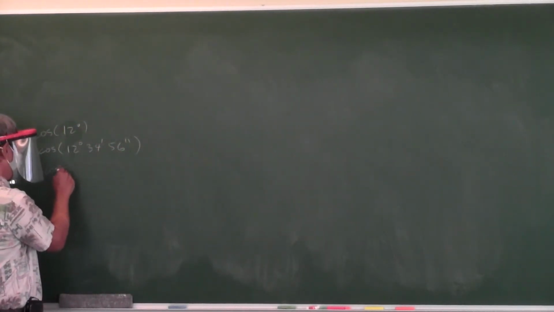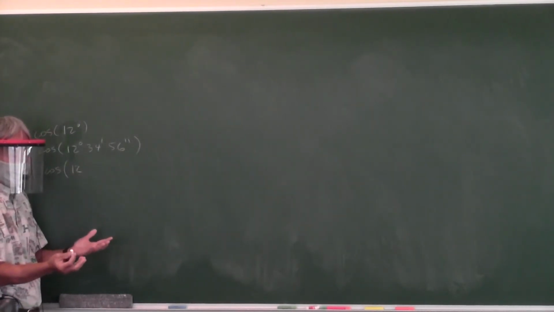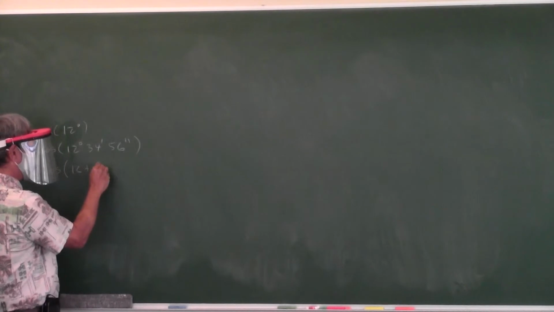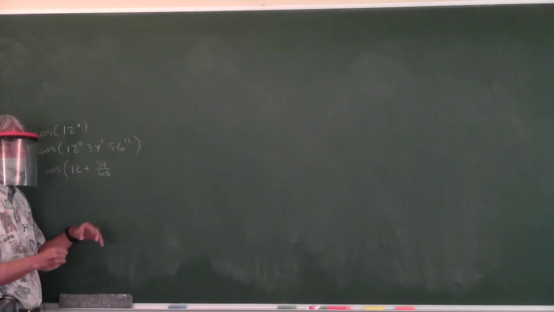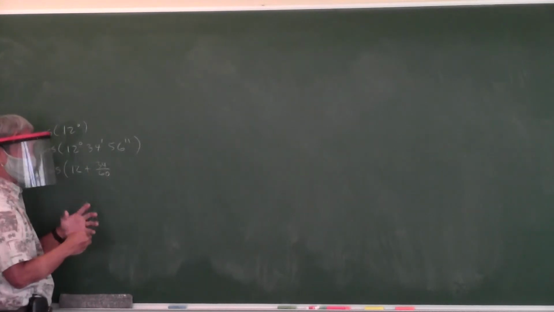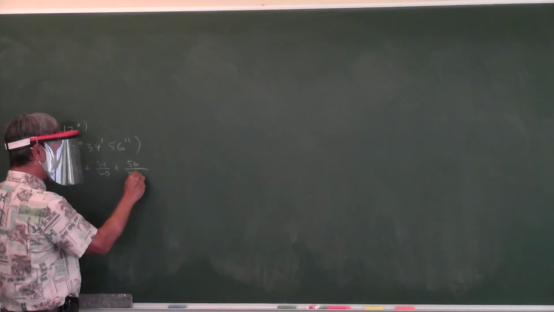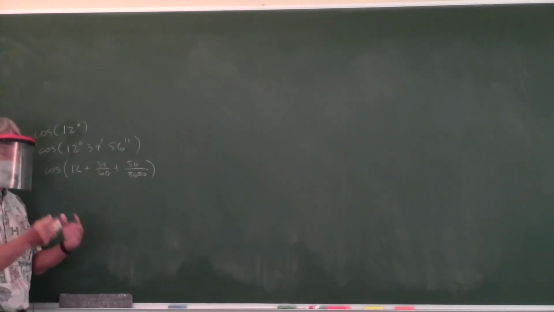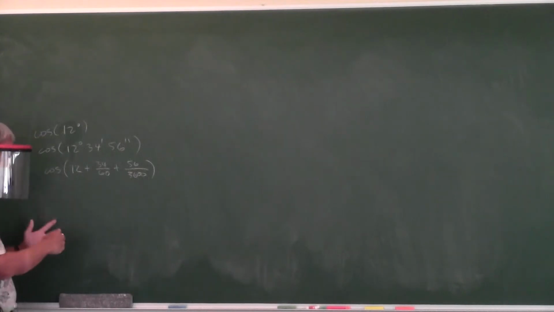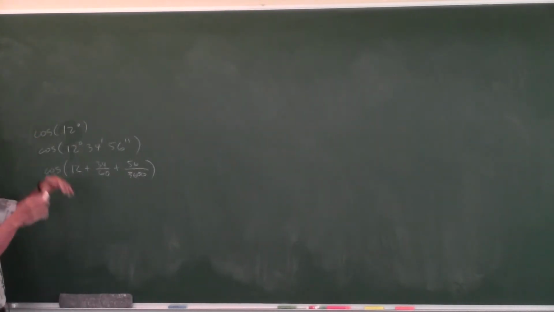Cosine of 12 degrees, assuming your calculator's in degree mode, plus 34 over 60, because there are 60 minutes in a degree, plus 56 over 3600, because there are 60 seconds in a minute and 60 minutes in a degree, so there are 3,600 seconds in a degree.